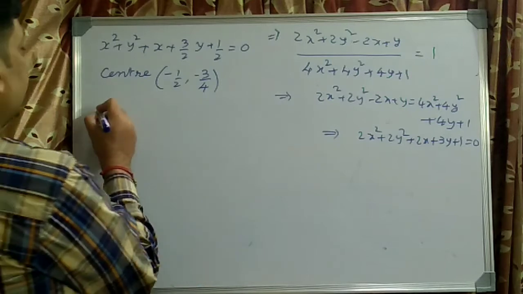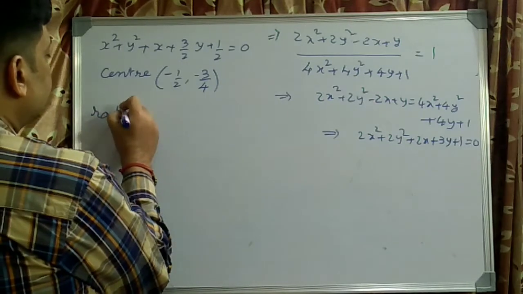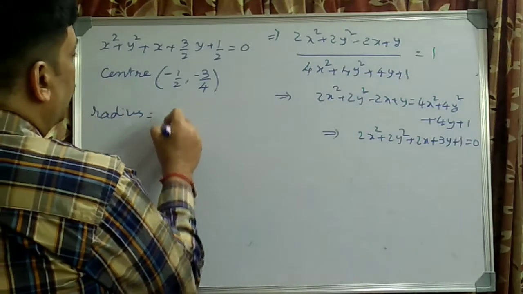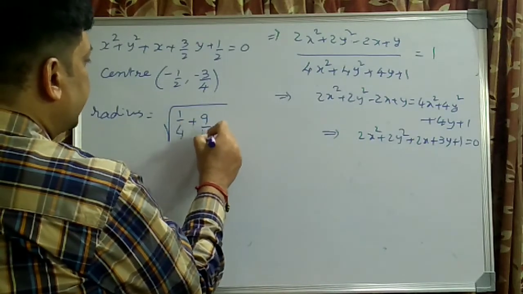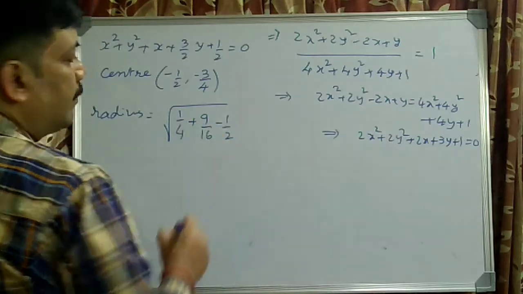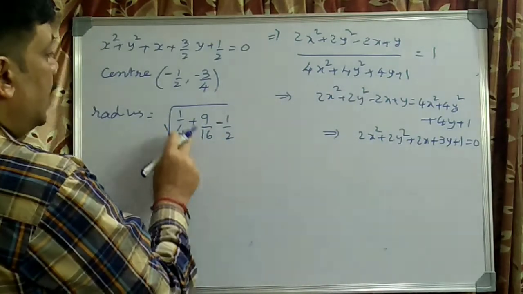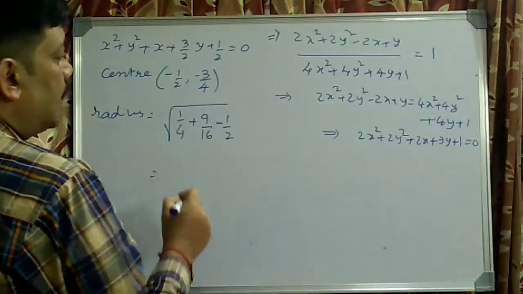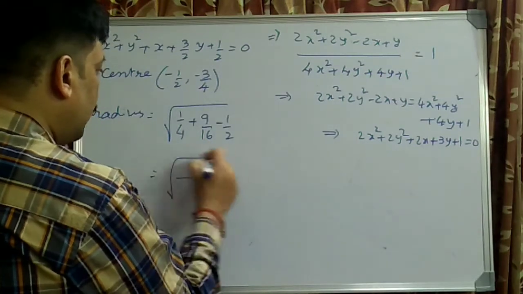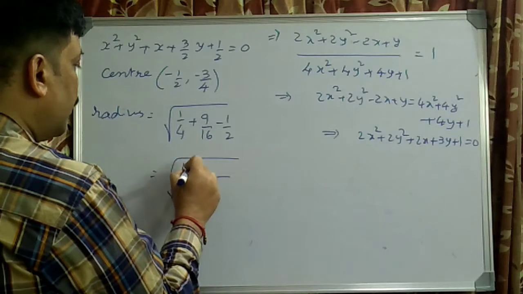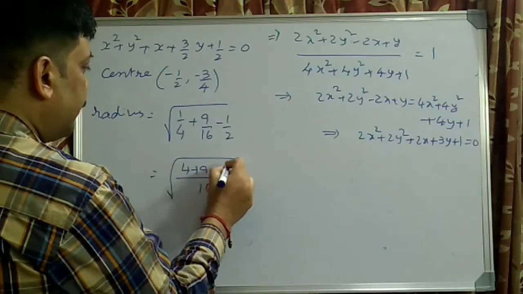So radius is equal to square root of 1 by 4 plus 9 by 16 minus 1 by 2. So it's very clearly, this is equal to, you can see the denominator is 16 under root. Now you can see this is 4 plus 9 minus 8.